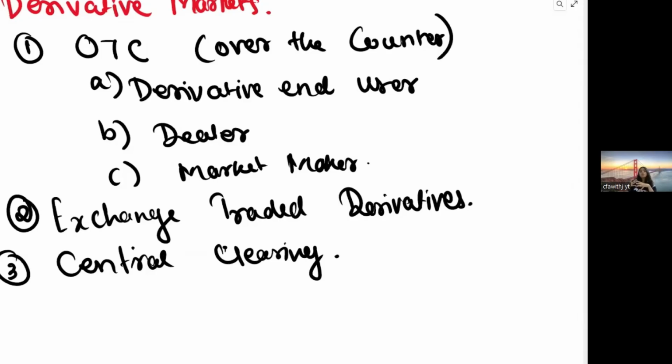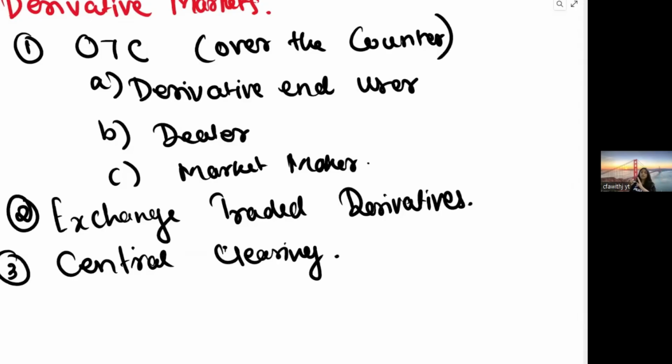So, how does it safeguard you from the risk, or reduce the risk, we can say, not safeguard, but reduce the risk. The central clearing house takes an initial deposit from both buyer and seller of the derivative contract, and it is with them. So this reduces the risk exposure to a certain extent.